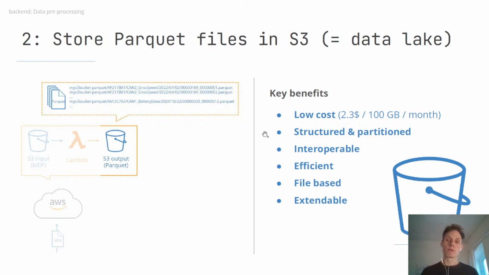So for this reason, we think it is very well suited for use cases where you have hundreds of gigabytes of data and sometimes terabytes of data. At the same time, Parquet is extremely popular. It is the most popular file format for this type of use case. And that means a lot of tools will very easily be able to work with this Parquet data, as we'll see a bit later.